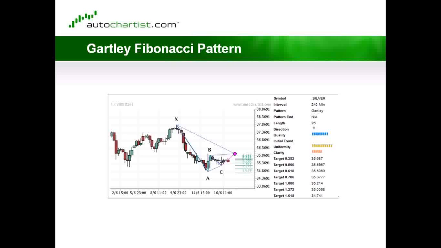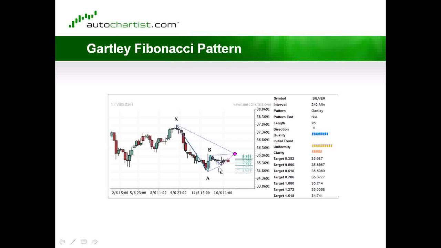Okay, now after this X is formed, you're going to get your basic ABCD pattern. Okay, now here's a case where we're looking at the ABCD of an emerging pattern. You can tell it's emerging because this arrow is gray.